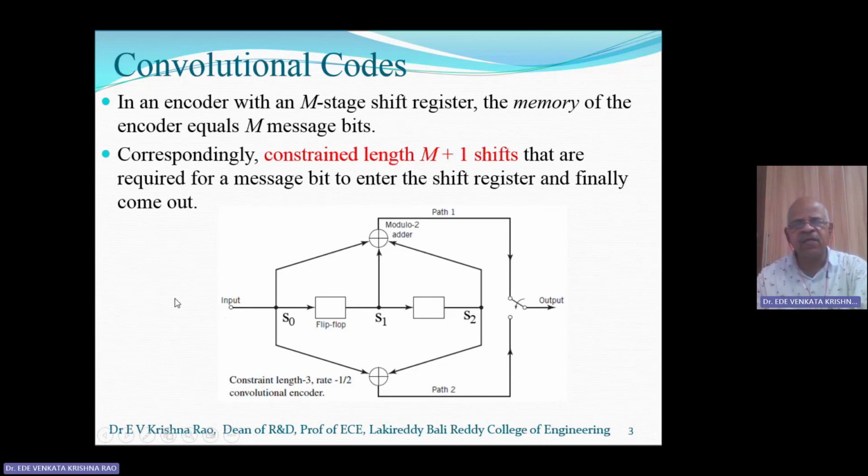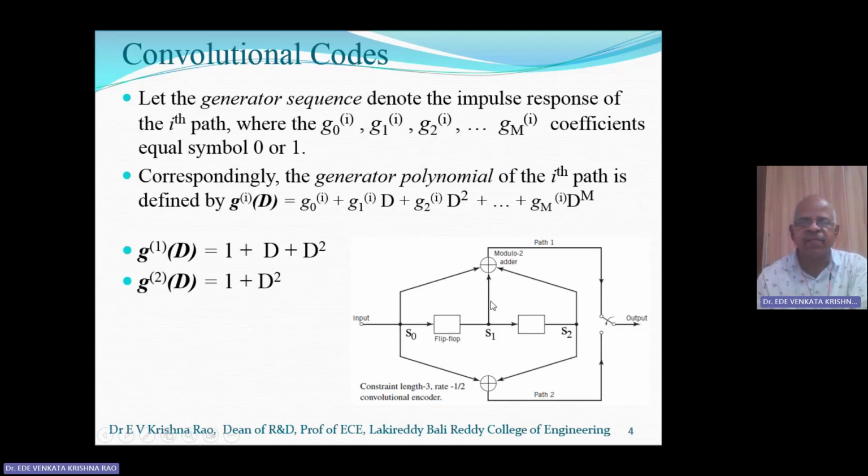The message bit sequence is given sequentially in a convolutional code. For every 1 bit, outputs are generated from path 1 and path 2, so 2 bits are generated for every 1 bit of message.